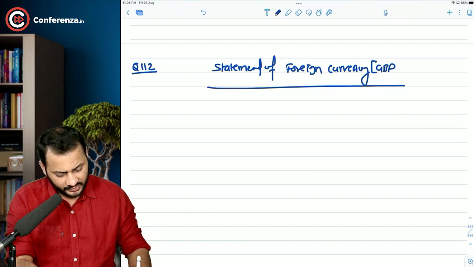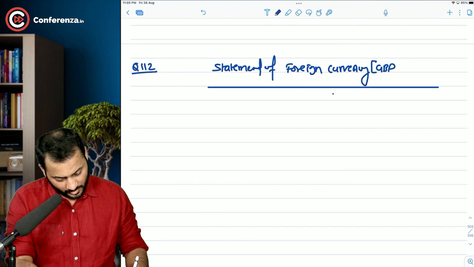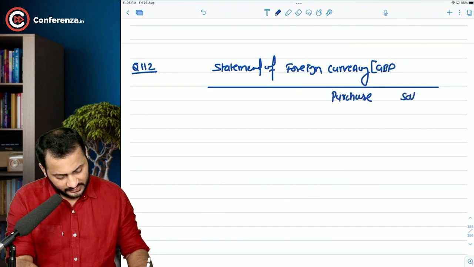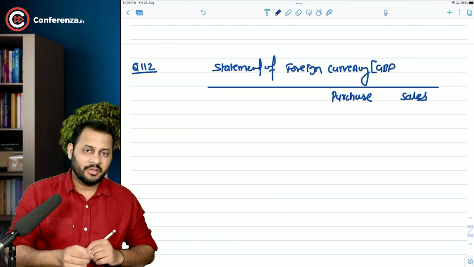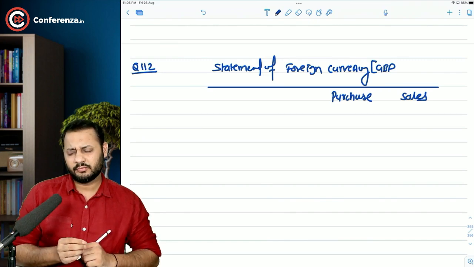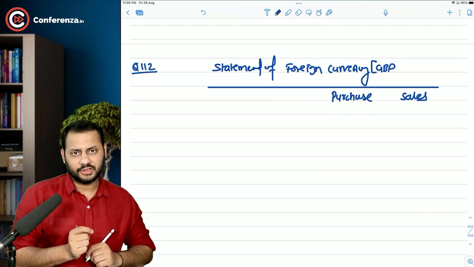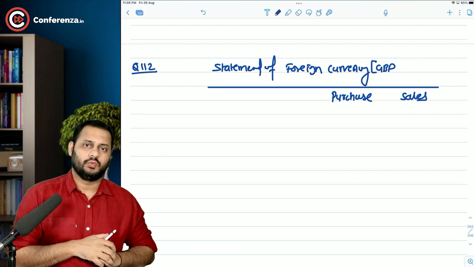This is just a statement which will show your purchase position and sales position. It may not convey the actual cash flow.